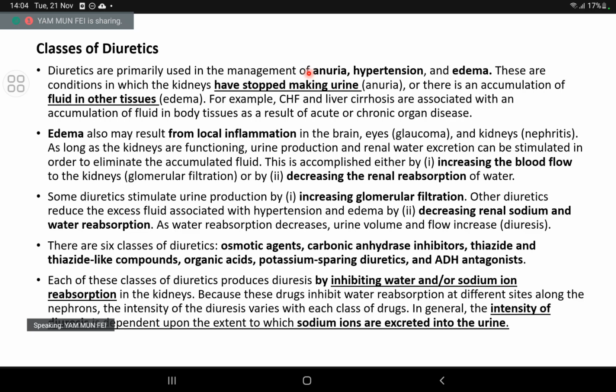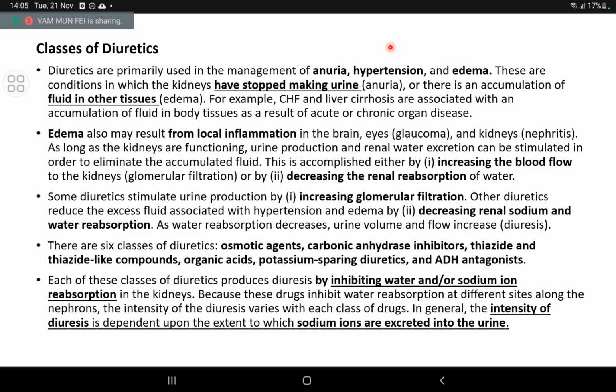Okay, quite clear. When you face a patient who is anuric, definitely you need to ask them to do further analysis to make sure whether they have nephritis or renal failure. With renal failure, in the beginning the anuria condition will not happen until a certain extent.